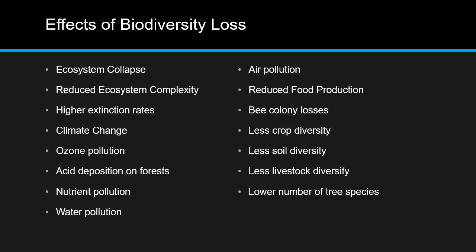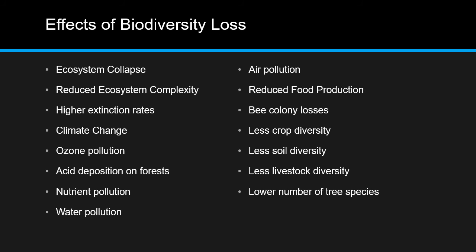Other effects include climate change. Biodiversity loss can contribute to global warming too. Biodiversity loss can also cause ozone pollution, acid deposition on forests, so basically acid rain, and that can kill off plants and trees and damage infrastructure.